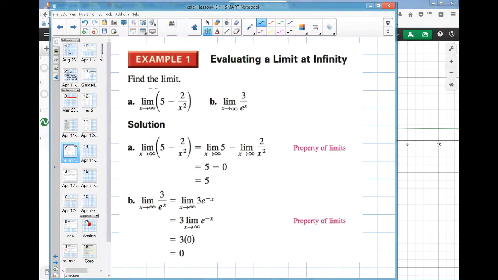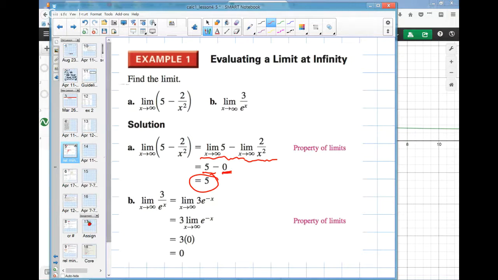And what's 2 over a massively large number going to approach? Can all of you see that's approaching 0? And what's 5 minus 0? 5. You can see how we analyze that right here. The limit of 5 is 5, and the limit of 2 over x squared as x approaches infinity is 0. And so the overall limit is 5.